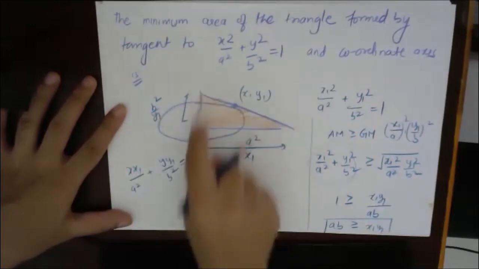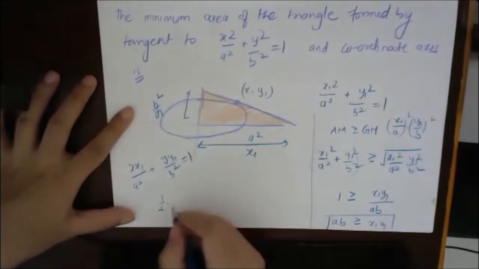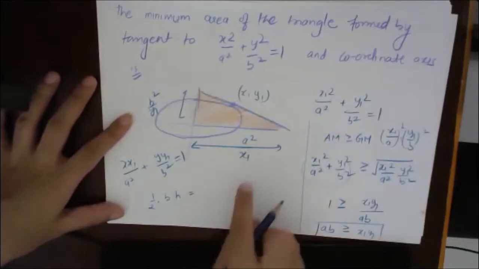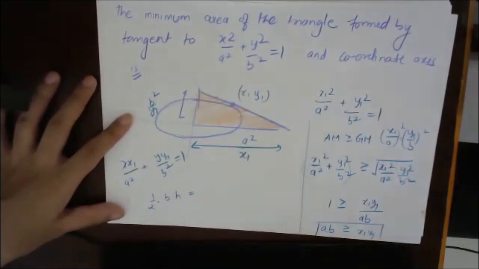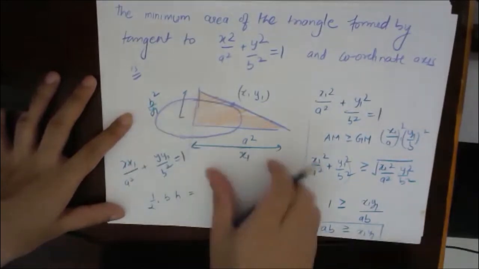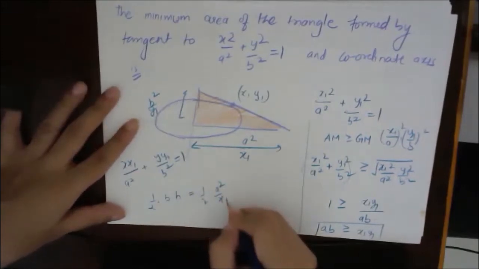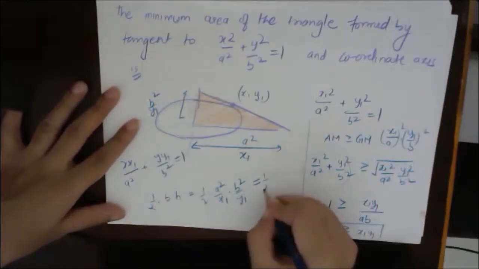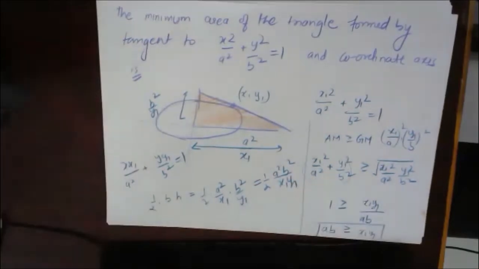So the area of this triangle will be half into base into height, so half into a square by x1 into b square by y1. So this becomes nothing but half into a square b square by x1 y1, right?